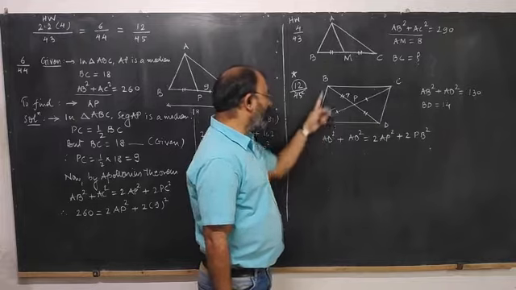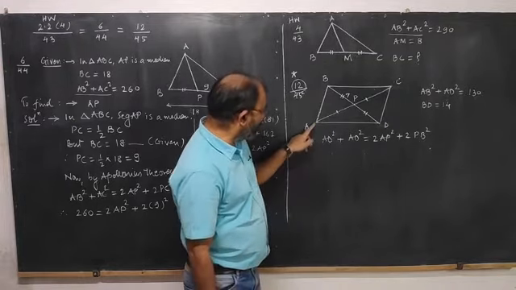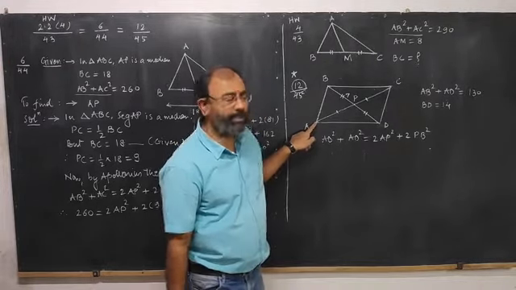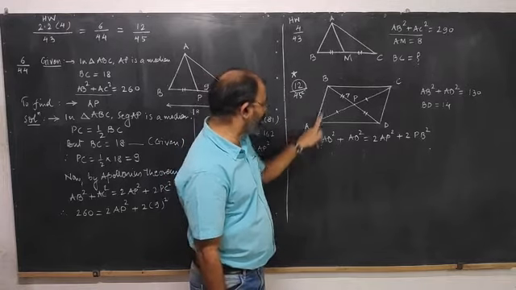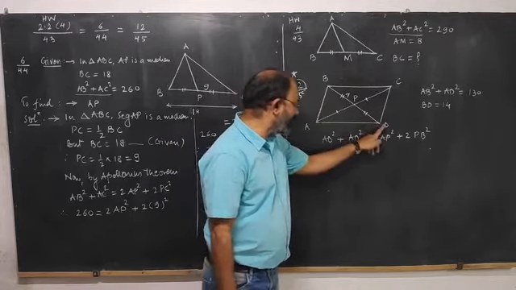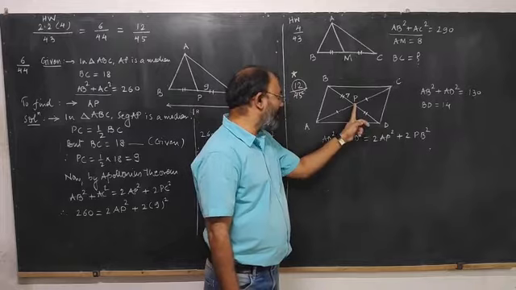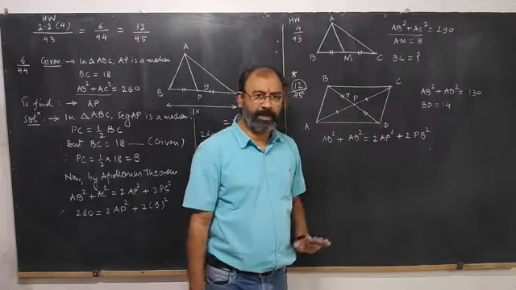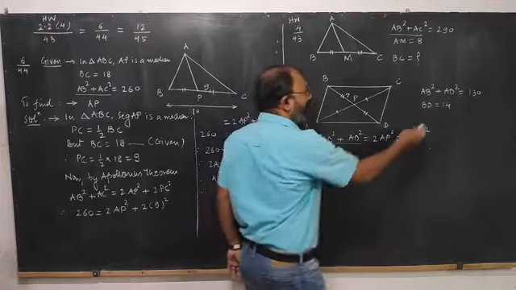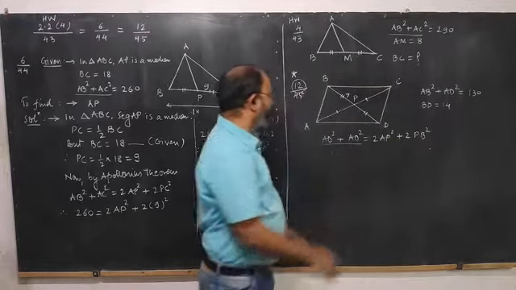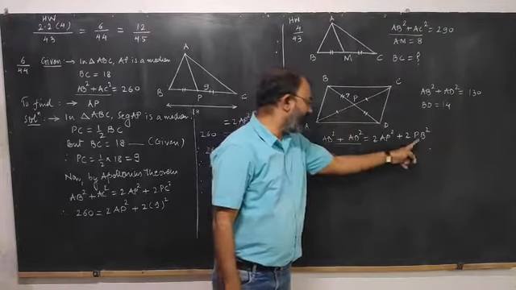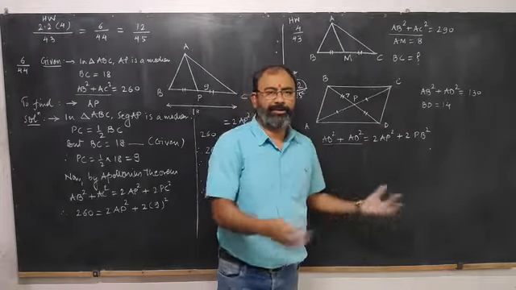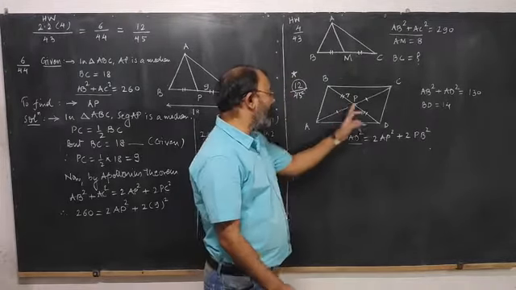Now in triangle ABD, if I apply Apollonius theorem, then AB square plus AD square is equal to twice AP square plus twice PD square. This side is fully given, 130. PB is given as 7. So only one unknown is left. Simplify, get AP.